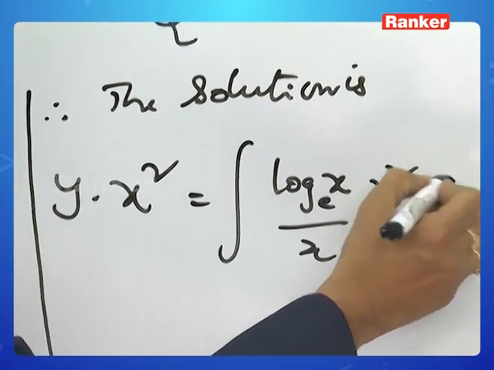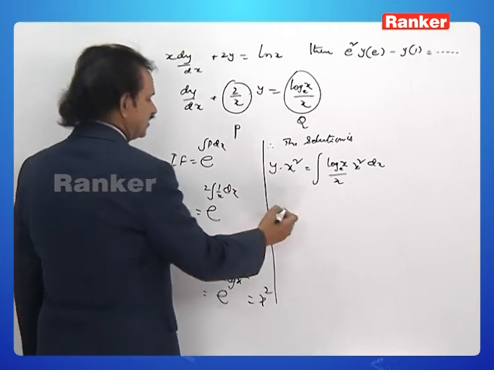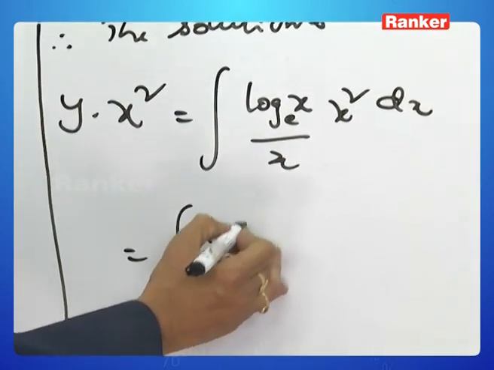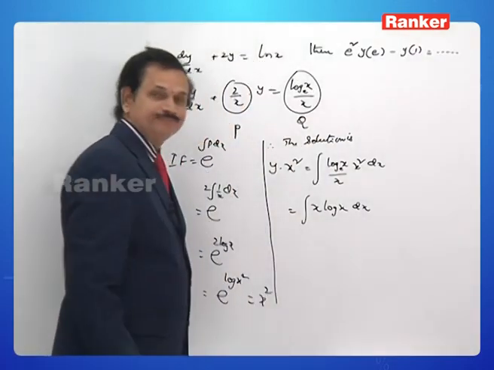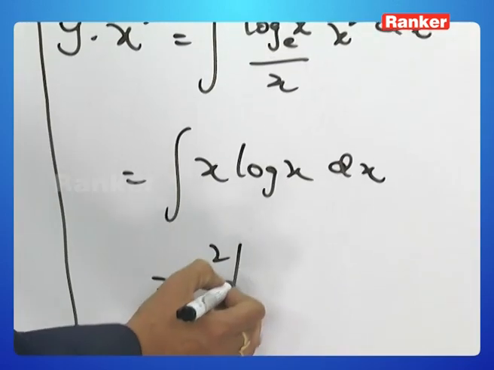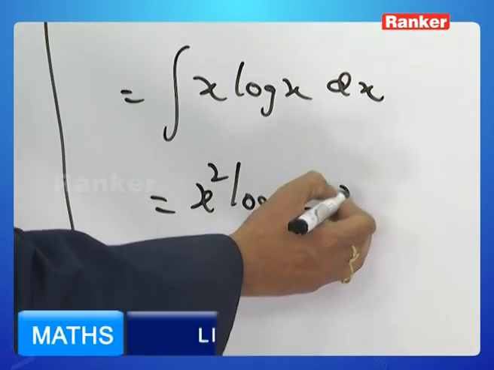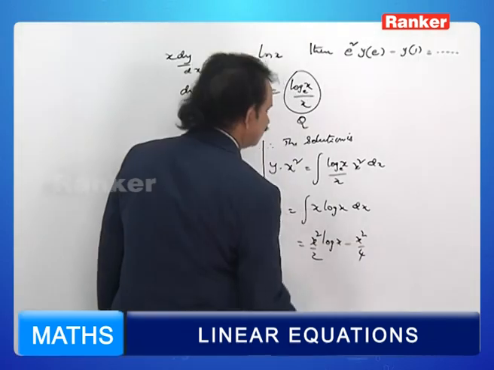One x will automatically be cancelled, leaving you integral of x log x dx. This is nothing but x square by 2 log x minus x square by 4 plus c.